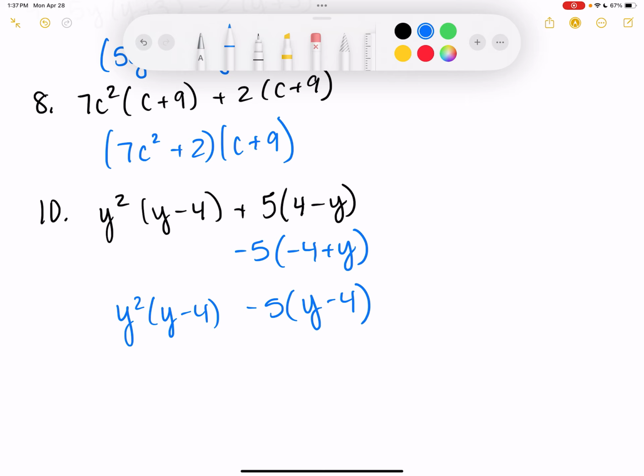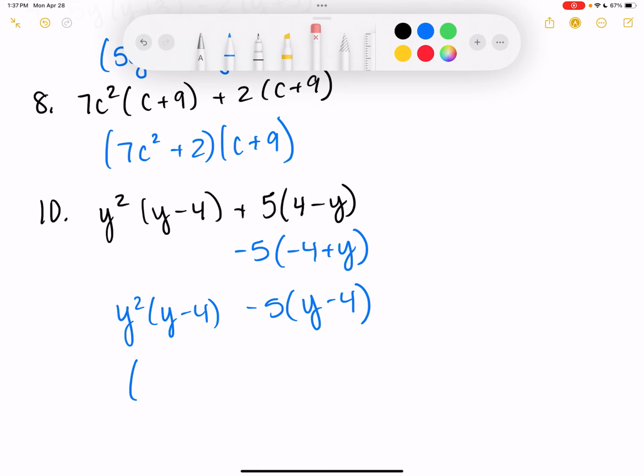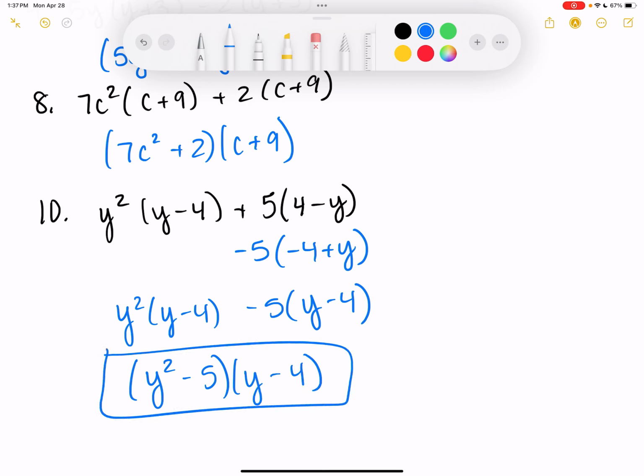So again, those parentheses now match. I write them down once, and then I've got y squared minus 5 times y minus 4. So on those ones where they're not in the same order, we've got to do an extra step, but that's all that is really changing.